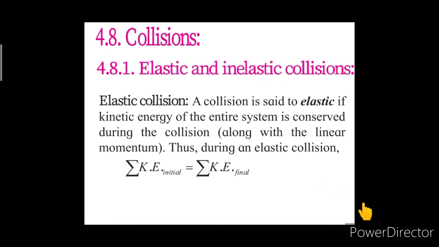That means a collision is said to be elastic if the kinetic energy and the linear momentum of the entire system are conserved during the collision. That means the kinetic energy and linear momentum before and after the collision are the same, then such a collision is said to be an elastic collision.